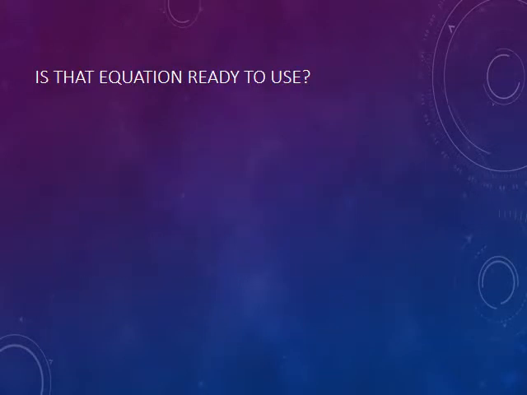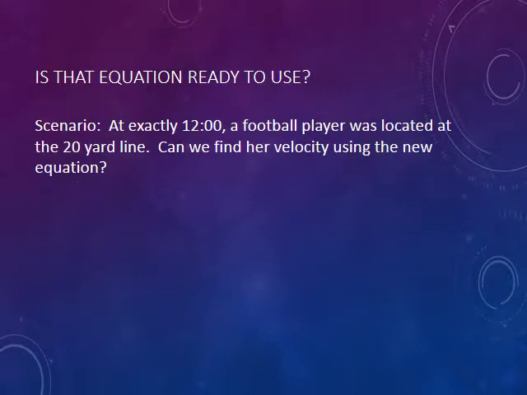So now we have an equation, and let's try to test it out and see if it's ready to go. We have a scenario that we can try to plug our equation into and see if it gives us the right output. At exactly 12 noon, a football player was located on the 20-yard line. Can we find her velocity using this new equation?